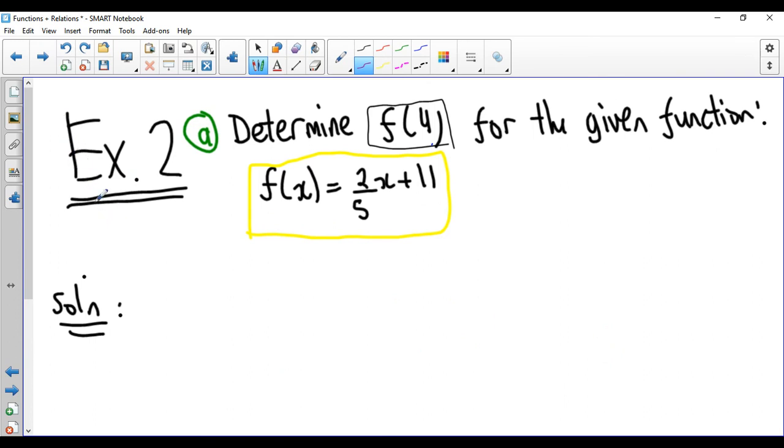So hopefully that makes sense. Now we'll do some pretty simple algebra questions with this new notation. So we want to determine f at 4. I'm given this function here, and all I'm going to do is evaluate it, or determine the value of the output when the input is 4.